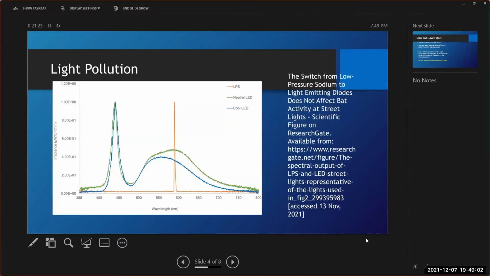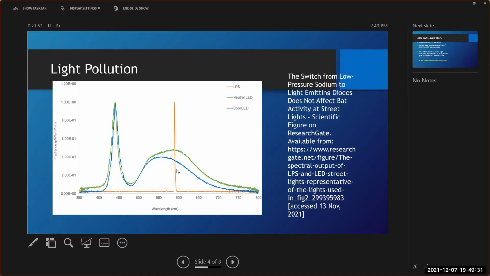Bummer. If you look at the emission curve of various different kinds of lighting, please tell me if this isn't clear for you, but if you look at the light spectrum in nanometers, not angstroms, but nanometers, you see a peak.